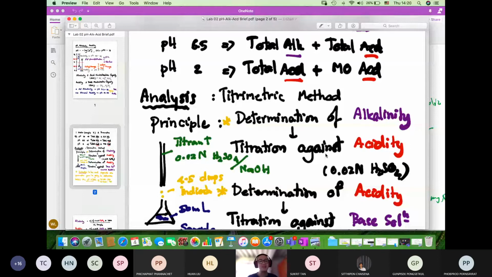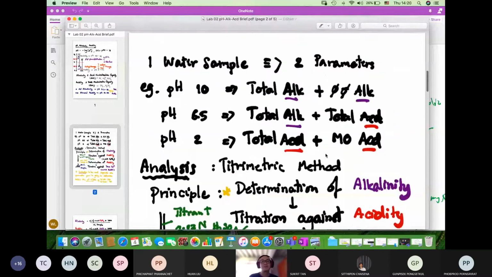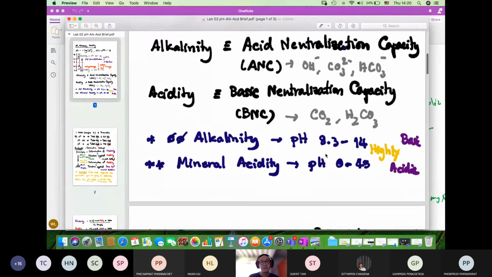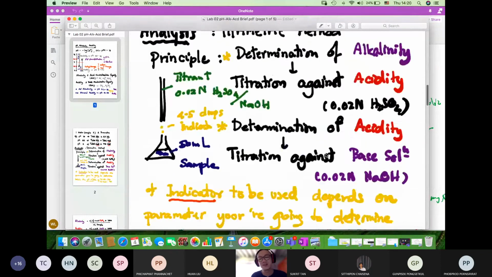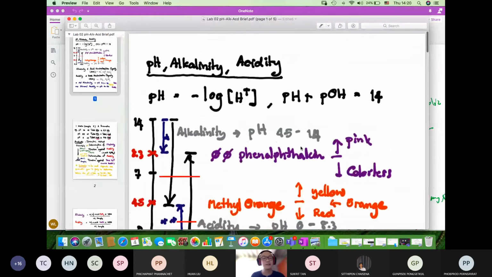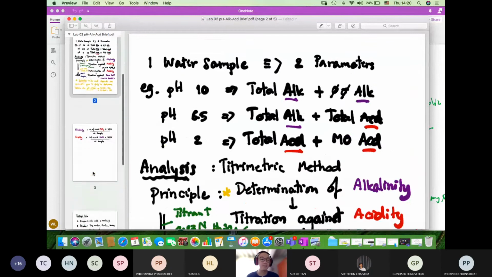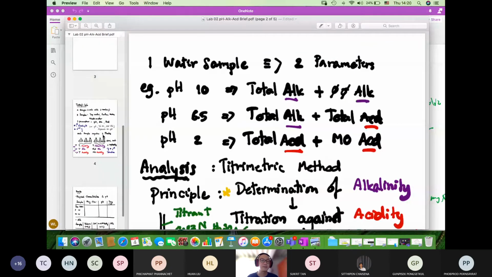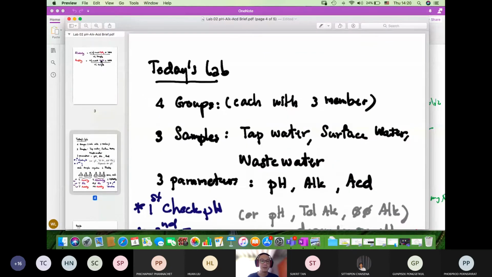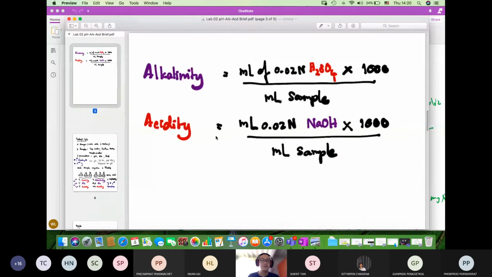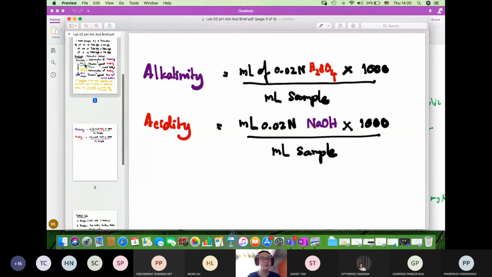The methods of analysis for the alkalinities and acidities, we normally use the titrimetric method. I will come back to explain the procedure again.